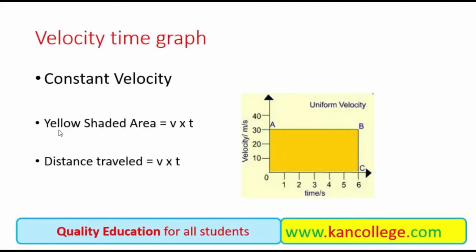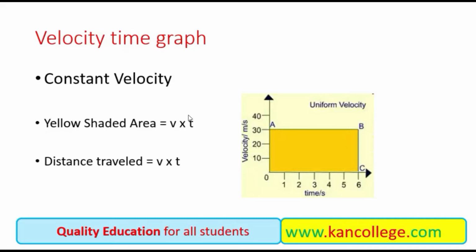And the yellow shaded area you can see can be calculated by v cross t, which is actually the relationship of the distance. So it means that the area of the velocity time graph will provide the information about the total distance traveled by that body.